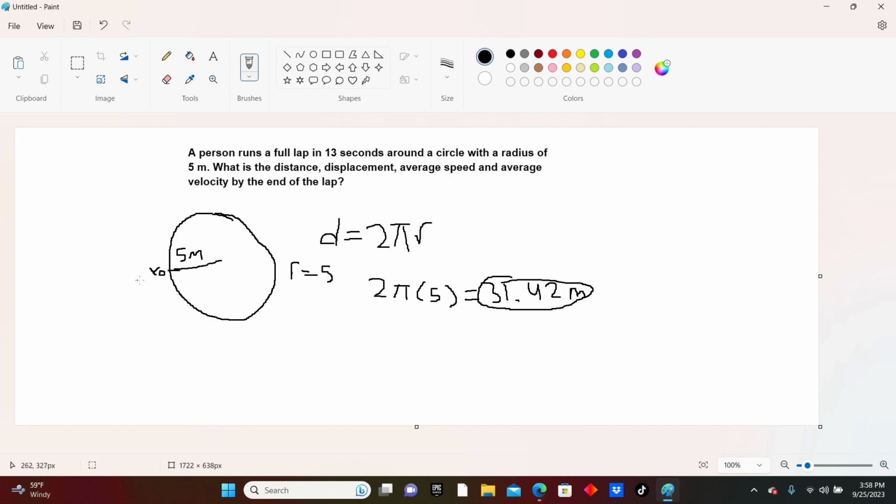That means his final point would also be here, at the same place. Therefore, his initial point and final point are the same, so the displacement is simply going to be 0 meters.